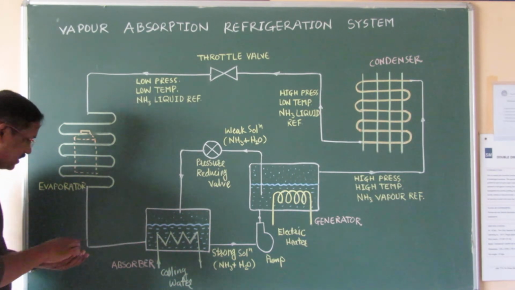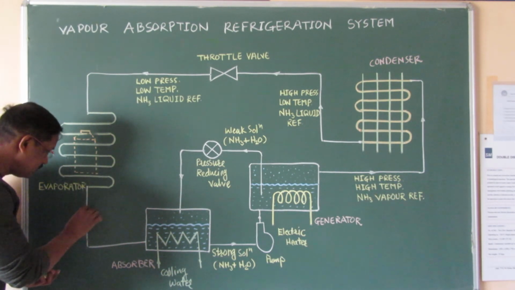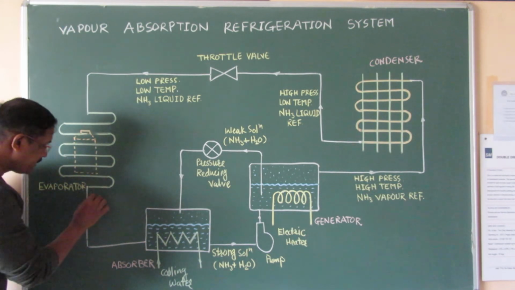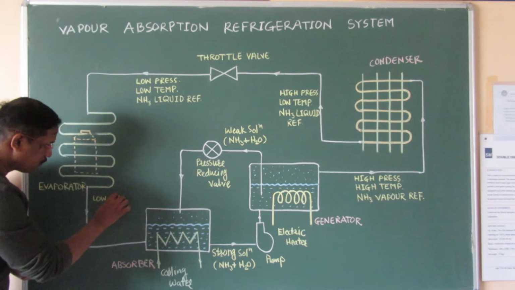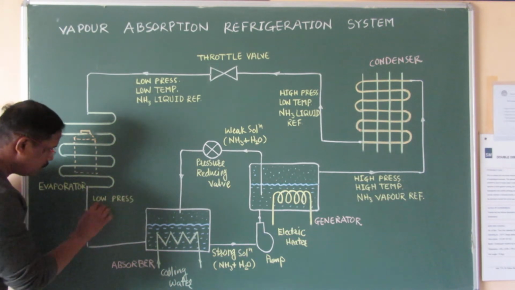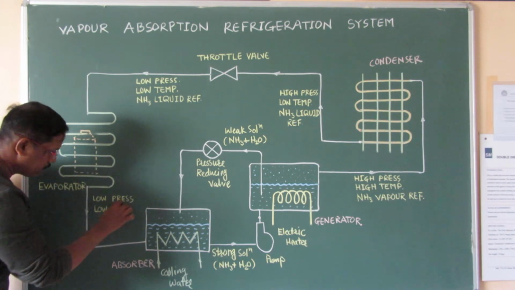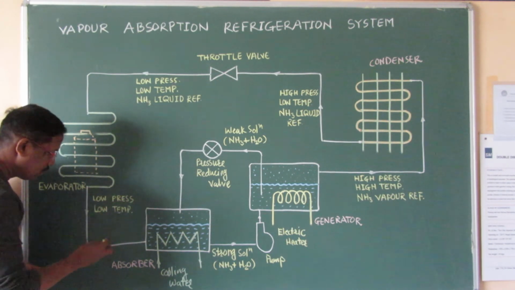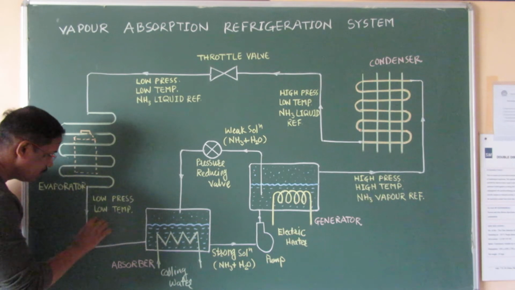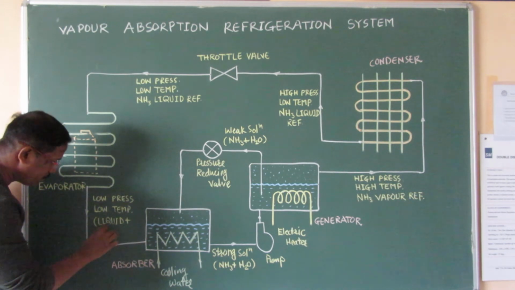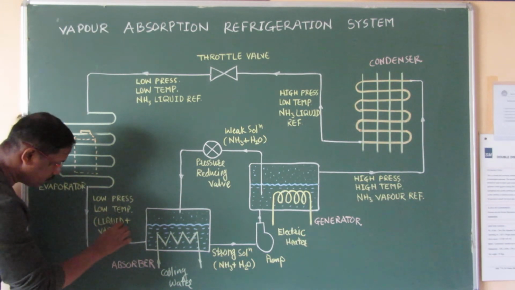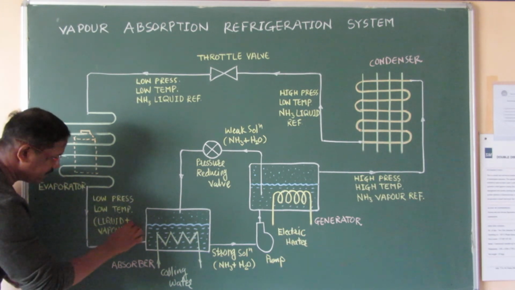So the output of this evaporator unit is low pressure, low temperature, and a mixture of liquid and vapor refrigerant.